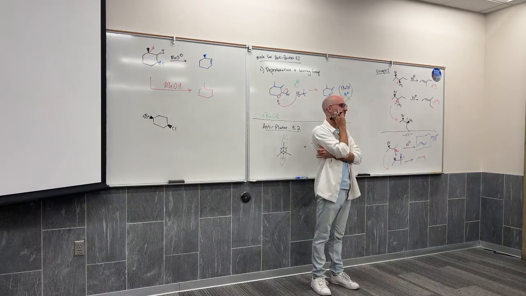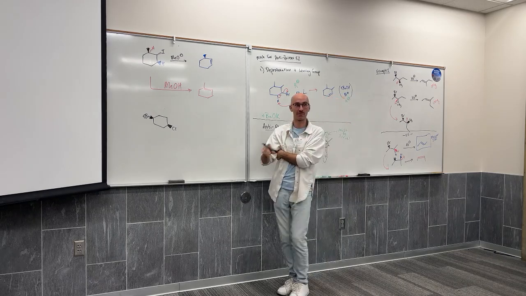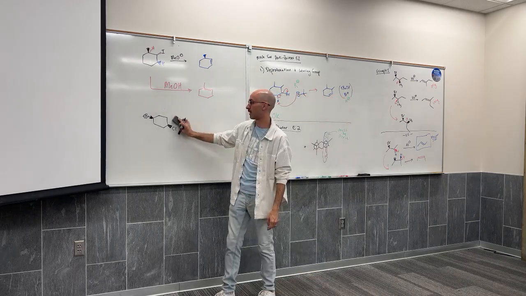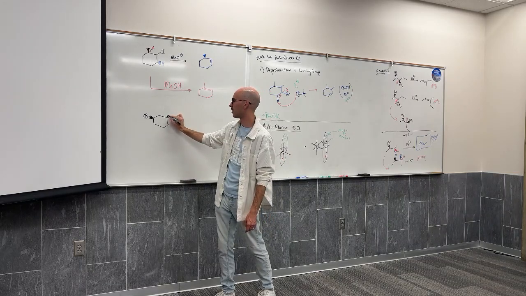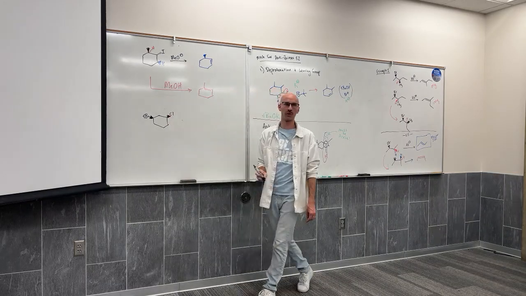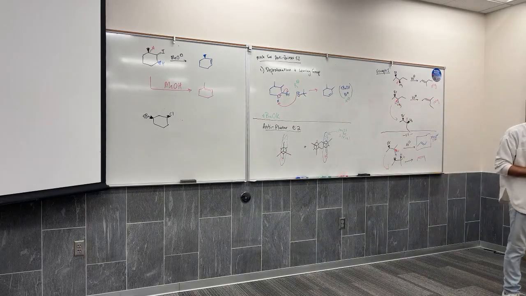Oh no, I don't think that's what I want. See, I'm messing up because I'm trying to give a specific example off the top of my head. Don't do that. All right, we're going to keep it the same. 1 tert-butyl, 3 chloro, cyclohexane.